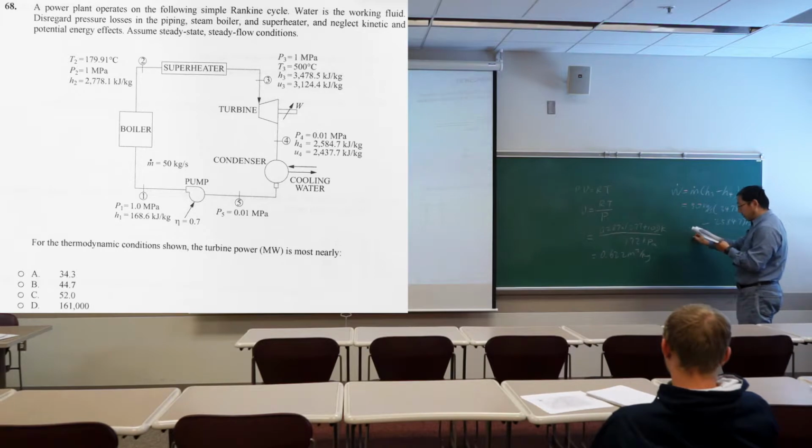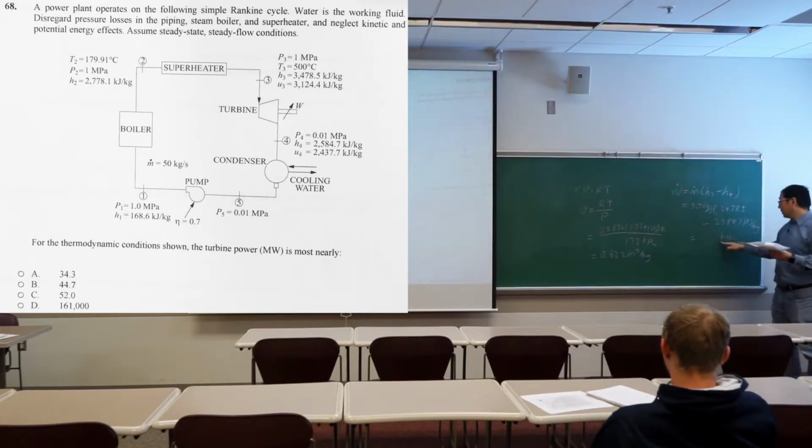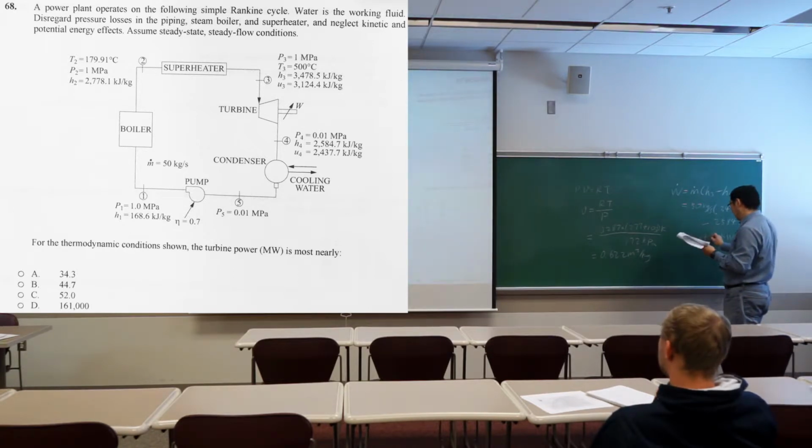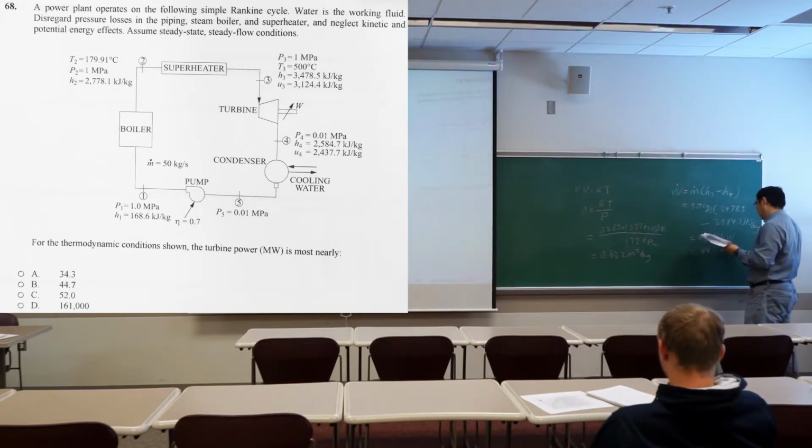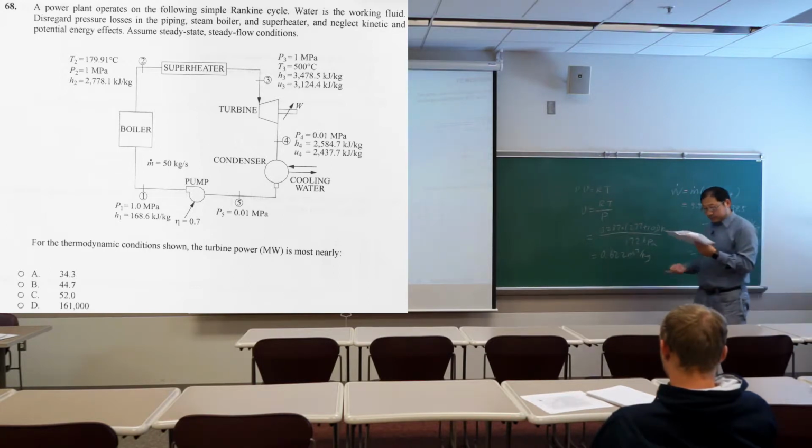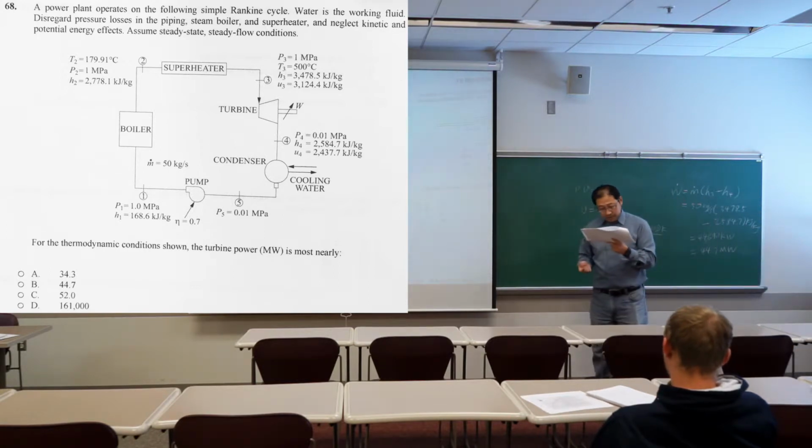And go through the calculation. Initially, you have kilowatts, because that's kilojoule per second. And it's asking for megawatts, so 1 megawatt equals 1,000 kilowatts.